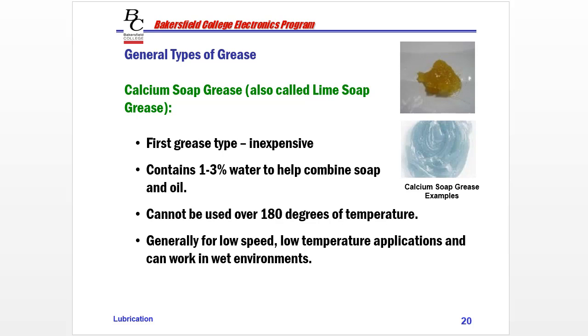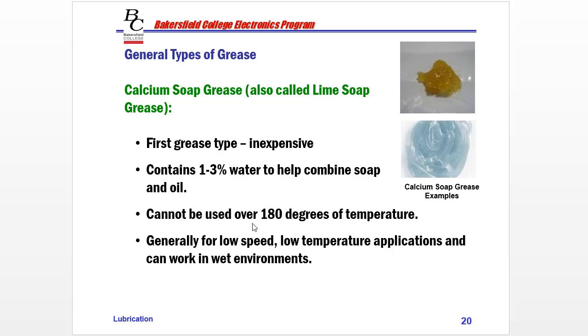The first type of grease is called calcium soap grease because it's using calcium as a soap. It can also be called lime soap. It's the first grease type that was used. It's inexpensive. It contains 1 to 3% water to help combine the soap.